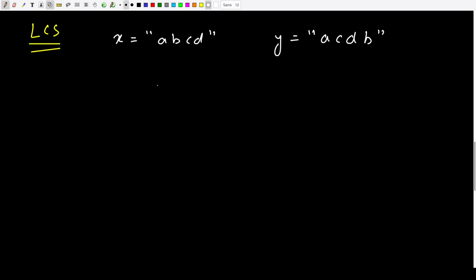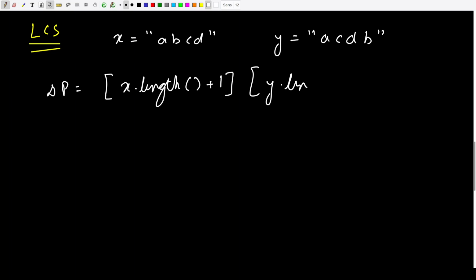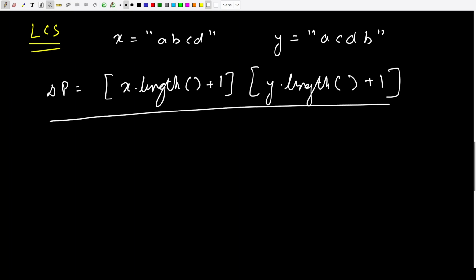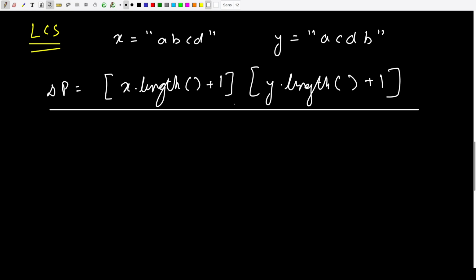In order to compute this optimally, we need a DP table of size x.length plus 1 by y.length plus 1. So this will be the size of our DP table. This is a two-dimensional vector, and the number of rows is equal to x.length plus 1 and the number of columns is equal to y.length plus 1.